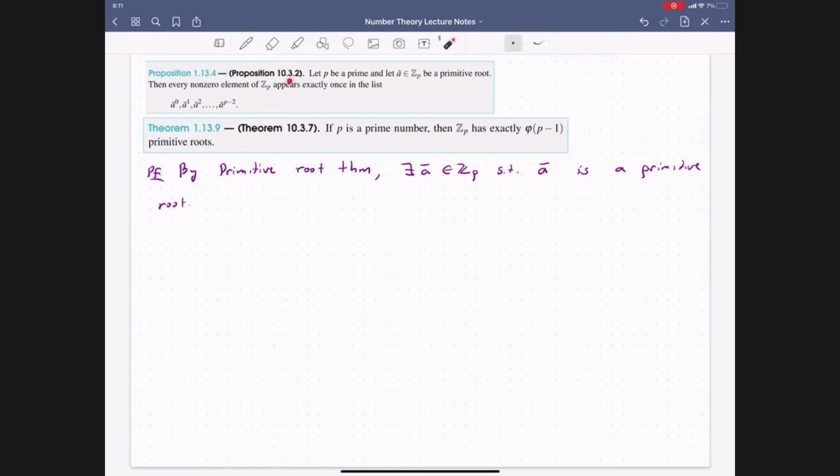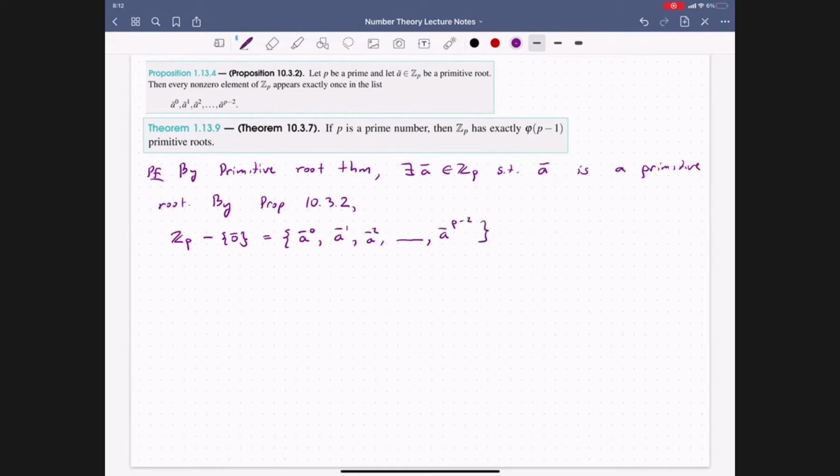Now, by proposition 10.3.2, we have that if we consider the list, the integers modulo p minus the congruence class of 0, this is the same as a bar to the 0, a bar to the 1, a bar to the 2, all the way to a bar to the p minus 2.